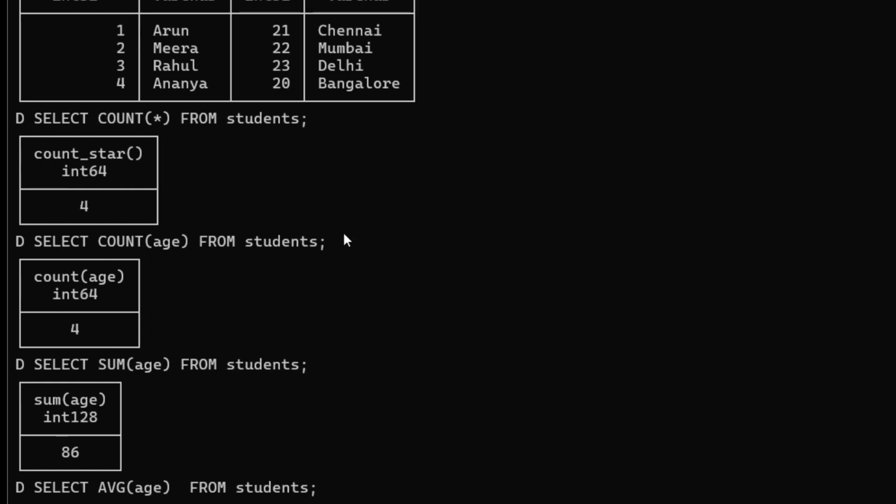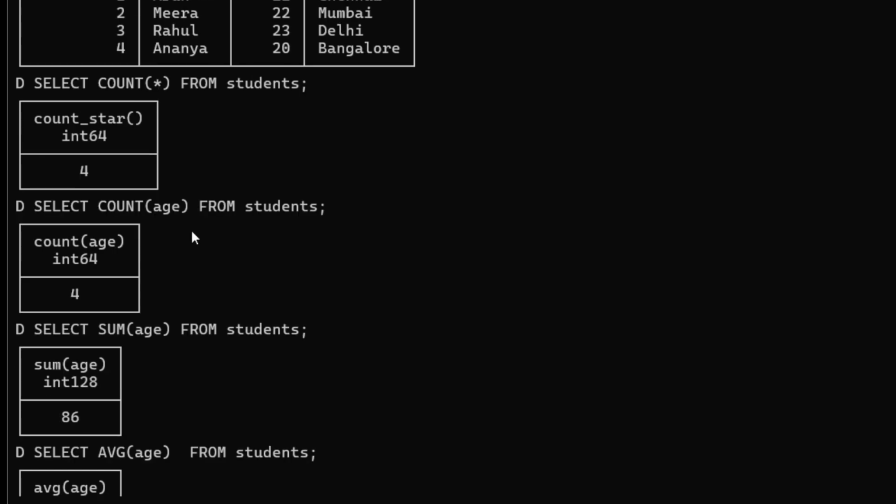As a recap, today we learned about count. When we use star, it gives all the rows, whether it's null or not, it doesn't care. But when we use count with a specific column name, it will count the values and ignore the null values.